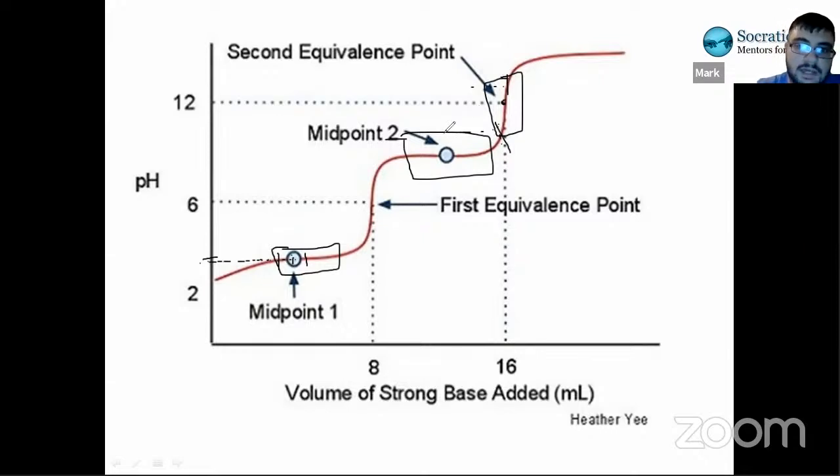In the midpoint region, small changes have essentially no effect on pH. It's called the midpoint, half equivalence point, or sometimes the buffer region. This buffer region is very good for buffers, as the name implies, and very helpful for maintaining a certain pH that you want.